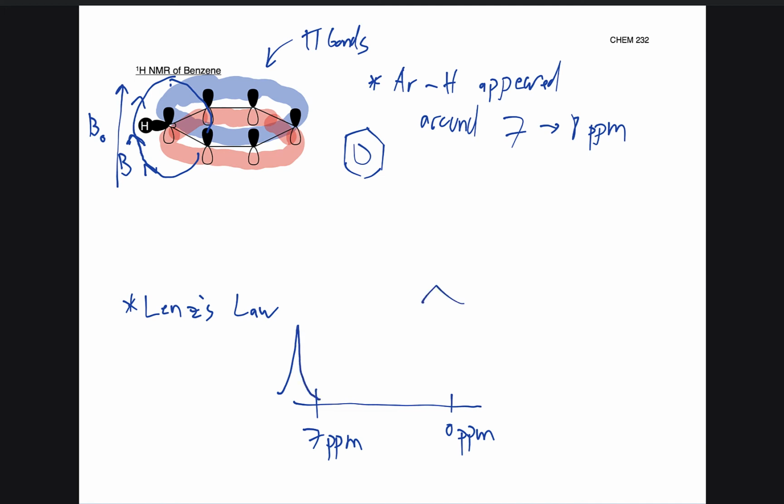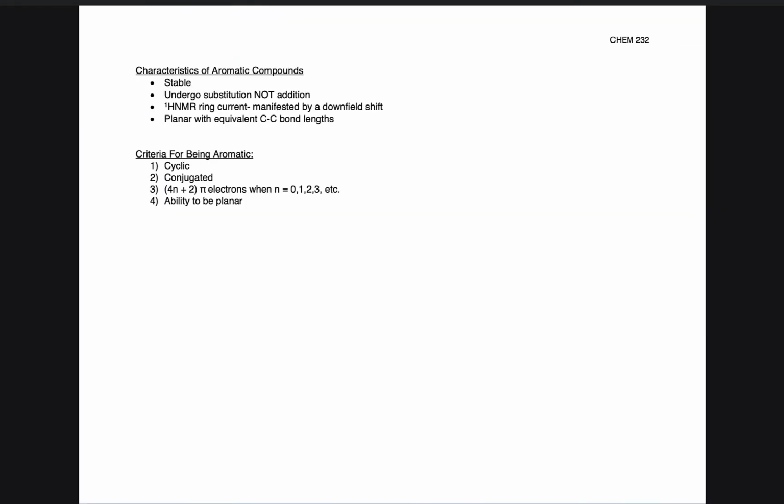Because with normal alkyl groups, if we just had a normal propane, these hydrogens show up more like around here, versus with benzene rings or aromatic groups that have this magnetic property. Anyway, that's not the most important, but I think it's interesting. Anyway, so the aromatic character of compounds is defined as this.